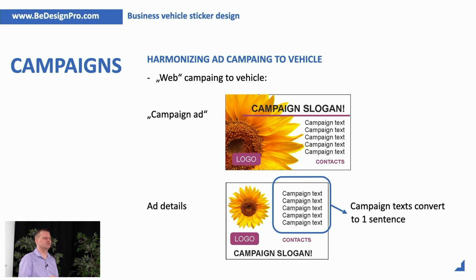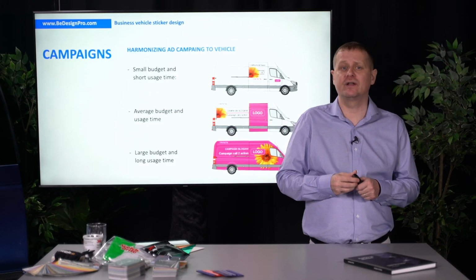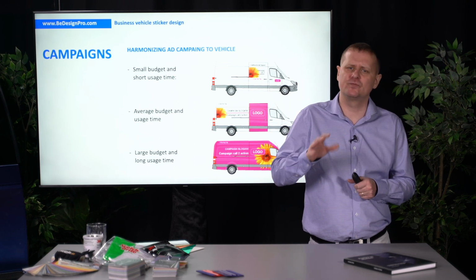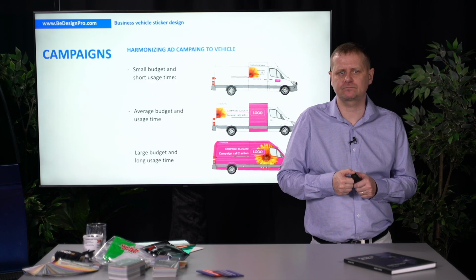You modify it to one sentence. 5 to 10 second rule, remember. Now you will tape it to the van and, depending on the campaign time and budget, you can have 3 different versions. Small, medium and large, as you see on the slide behind me.